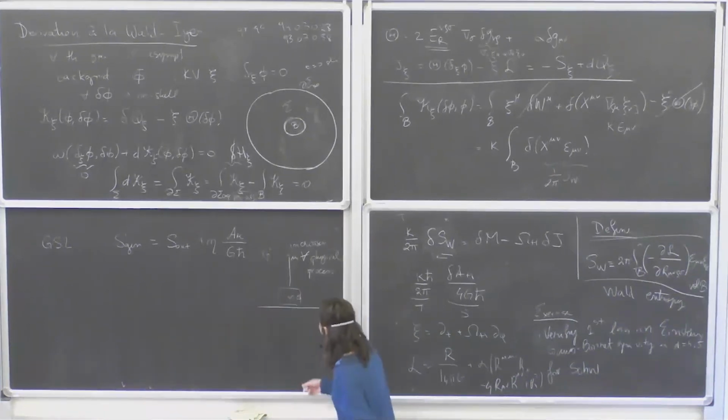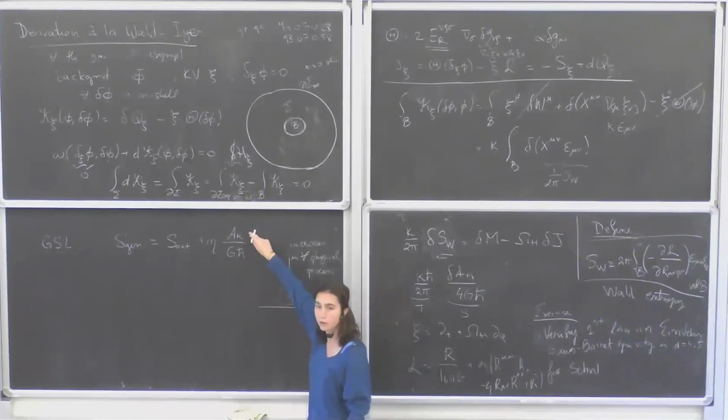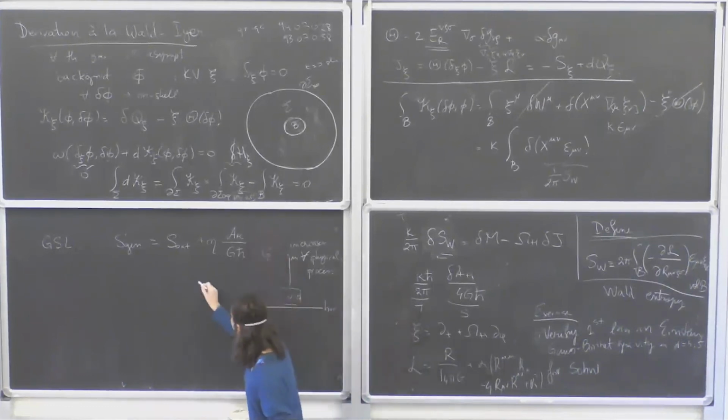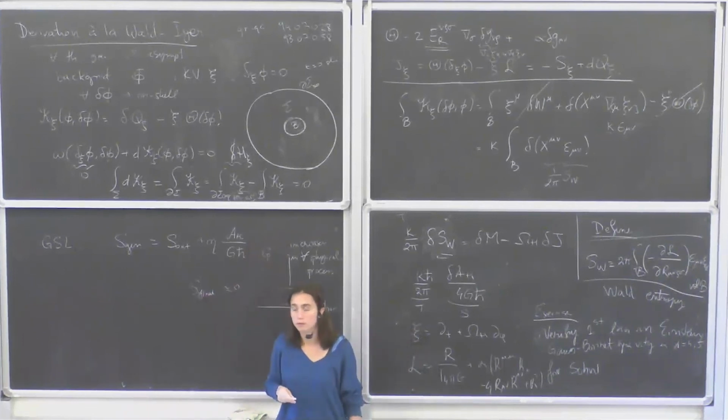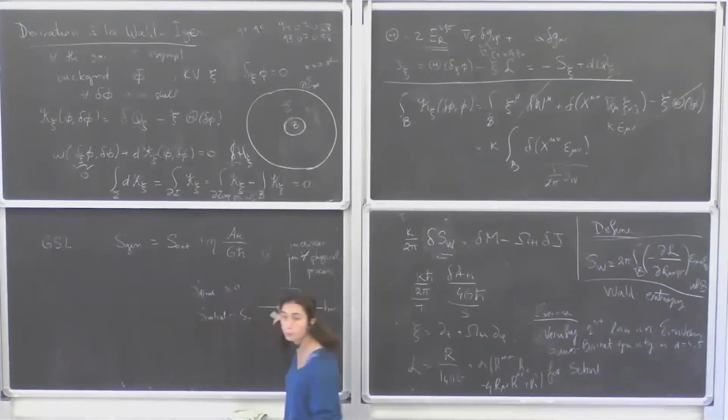However, since the change in mass is very small, and the area of the event horizon only cares about the mass of the thing that you've put in, the final entropy is close to zero, whereas the initial entropy is just S of the matter that you've put in.